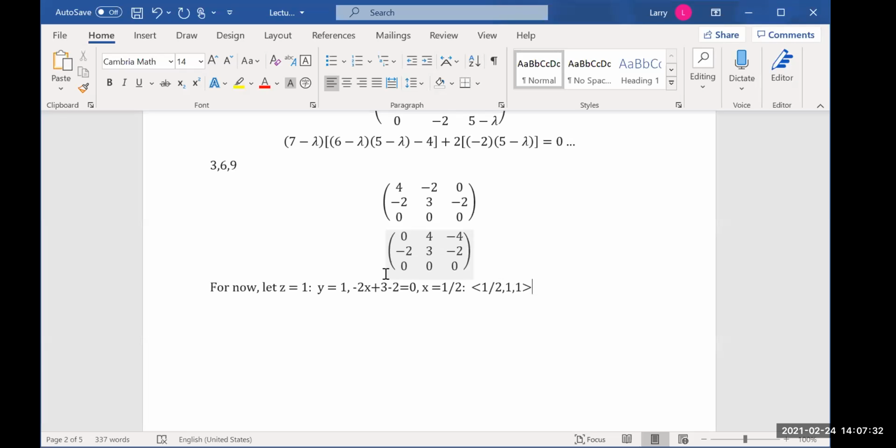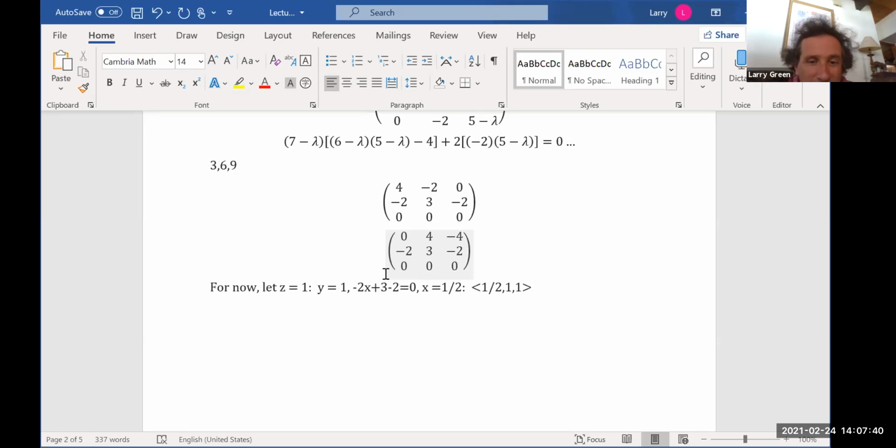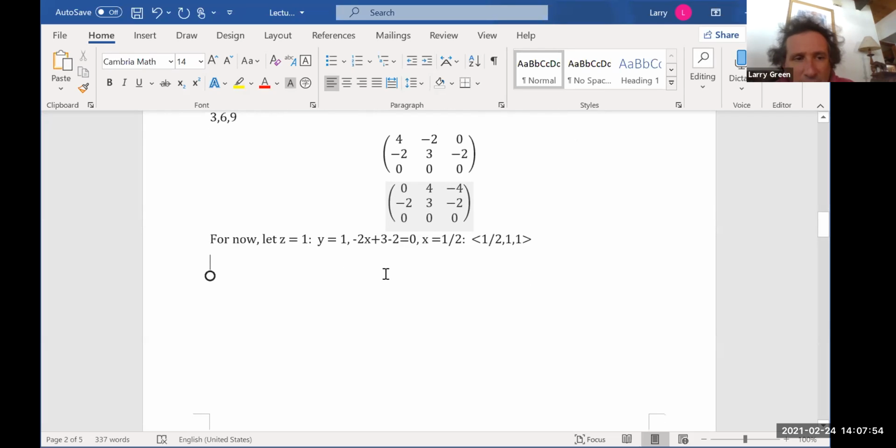There are infinitely many, an infinite number of vectors. But since the eigenspace has dimension 1, I do know they're all multiples of this vector. Is that clear? Any questions on that? So they're all multiples of this vector.